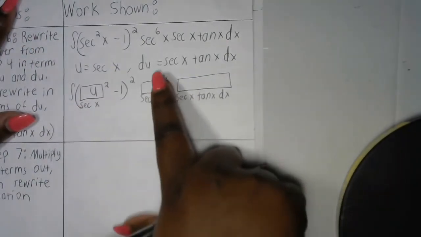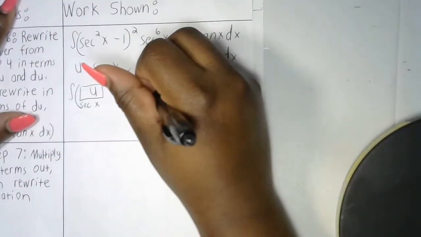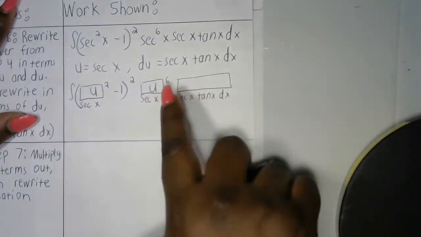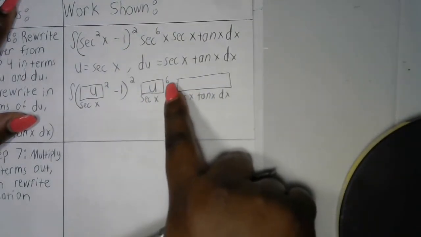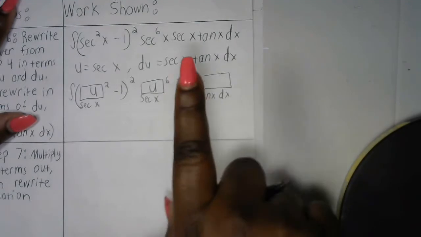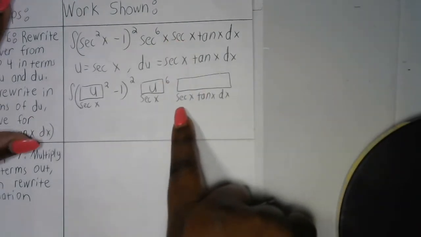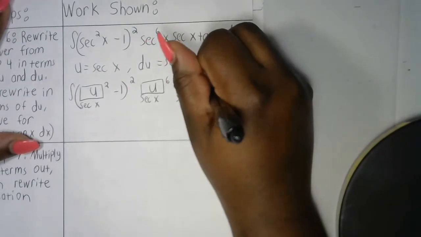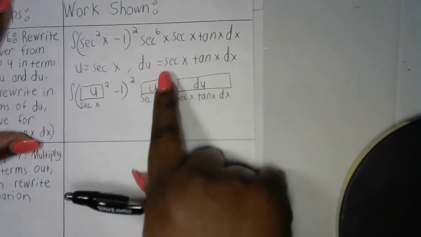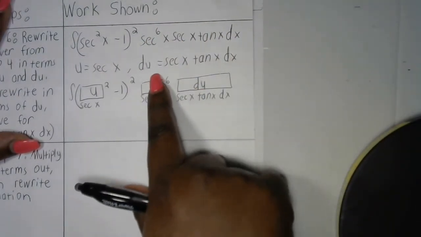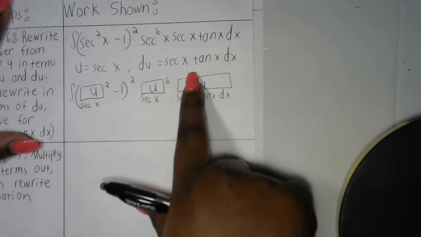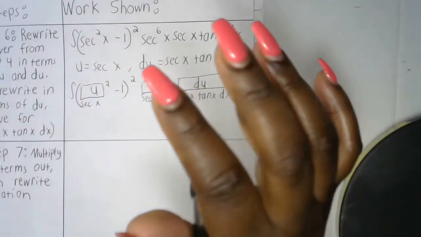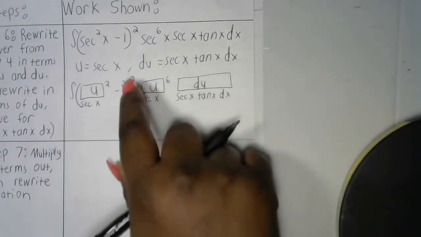In the same way, secant x to the 6th power now becomes u to the 6th power, because everywhere we see secant x, we're going to put u instead. Now, however, for secant x tan x dx, that's just du. We're going to replace it with du, because as we established before, du is equal to secant x times tan x dx.